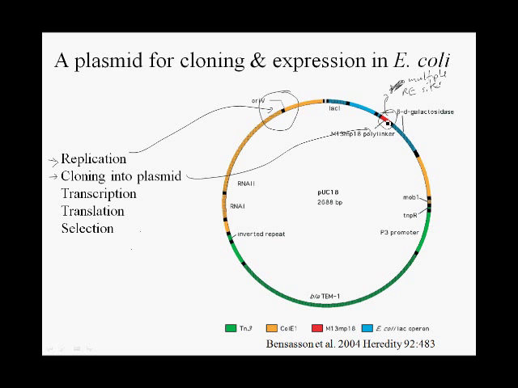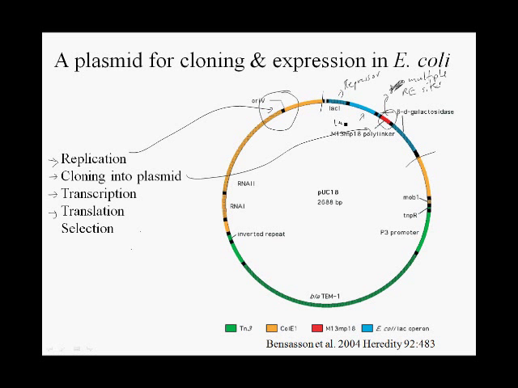Then if you want to express the foreign gene, then there has to be appropriate sites for transcription and translation. What you see in this pUC18 plasmid is that the cloning site occurs in the middle of a segment of DNA borrowed from the E. coli lac operon. So here's the lacI gene, and if you remember, that encodes the lac repressor.